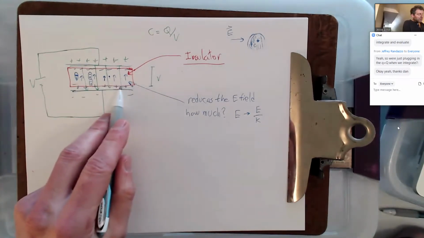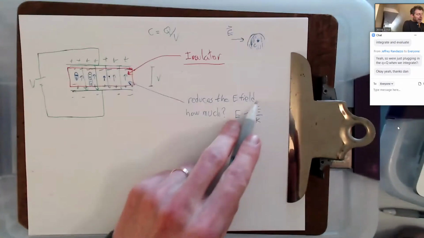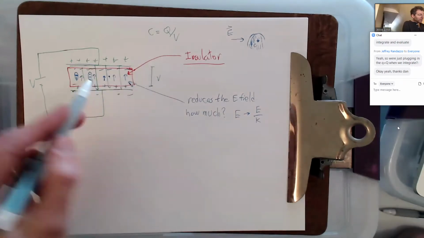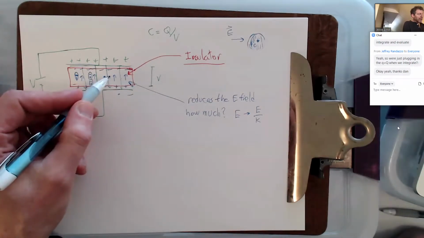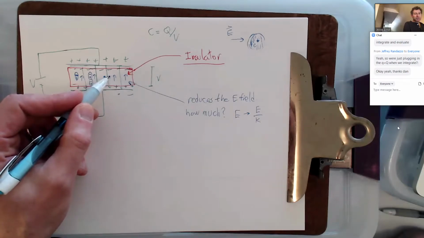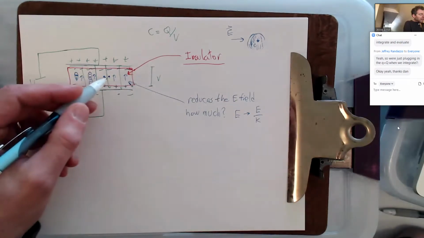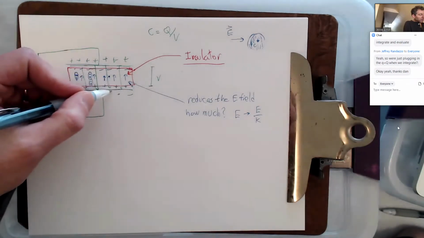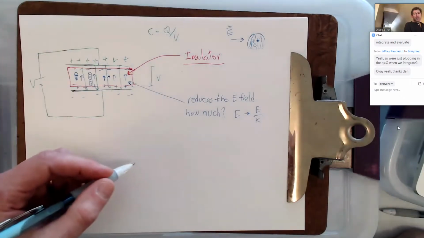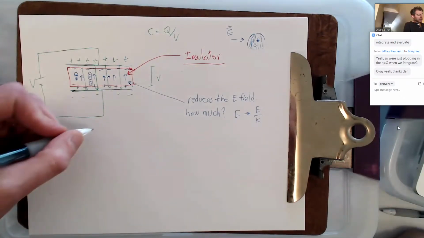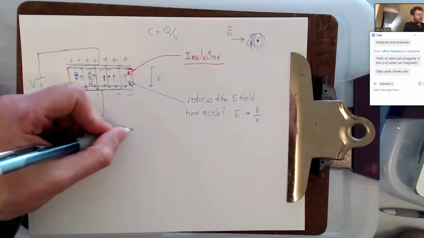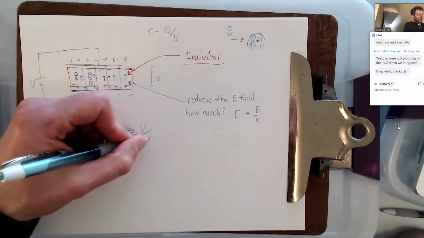If the electric field gets dropped by a factor of K, if you're here, you say, oh, it's a factor of K weaker than it was, then the potential difference between these two plates goes down by a factor of K. So V goes to V over K.